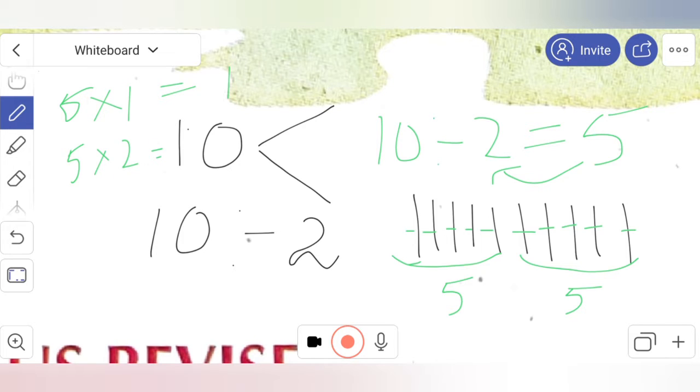Now you see in division, or 2 into 5, the same thing: 2 1 ja 2, 2 2 ja 4, 2 3 ja 6, 2 4 ja 8, 2 5 ja 10.